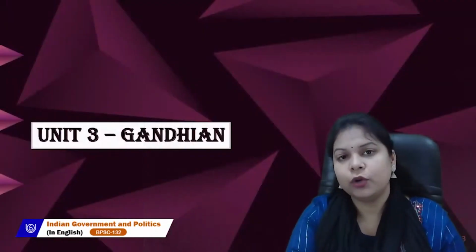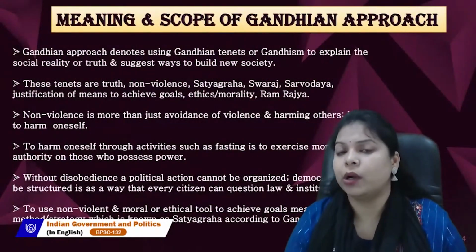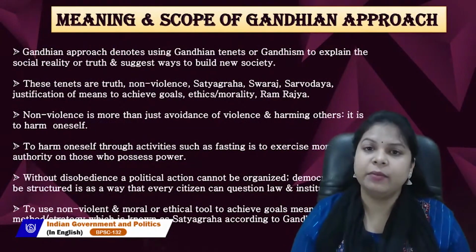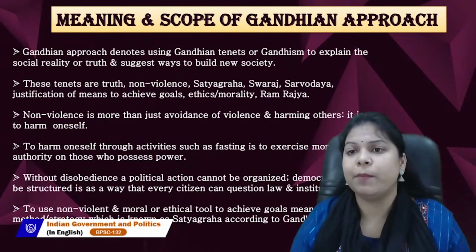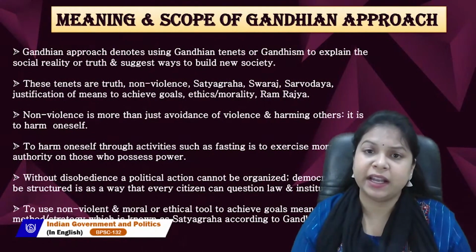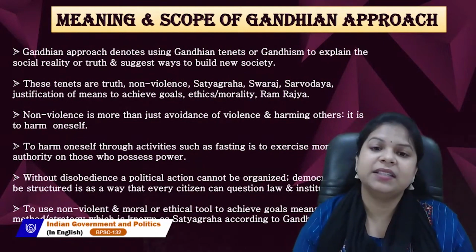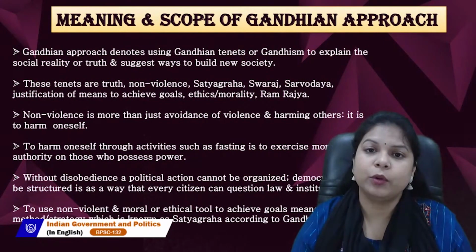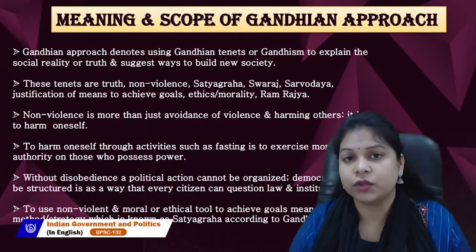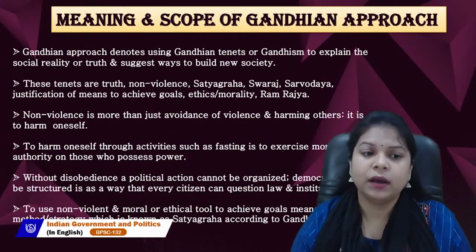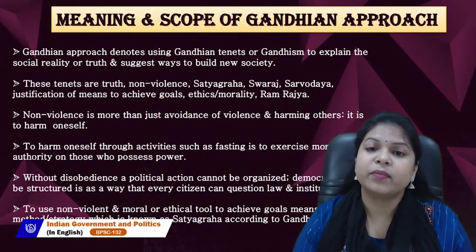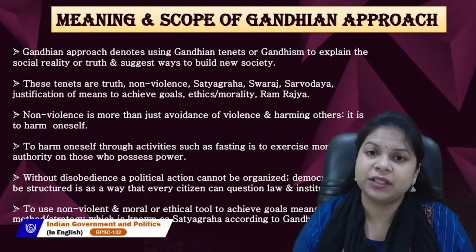Then we moved forward to the Gandhian approach, which is a very important thing to understand Indian politics, because Gandhi plays a very important role in shaping India's politics till now. The main tenets of the Gandhian approach are non-violence, satyagraha, swaraj, sarvodaya, and they want Ram Rajya to be established in the society.